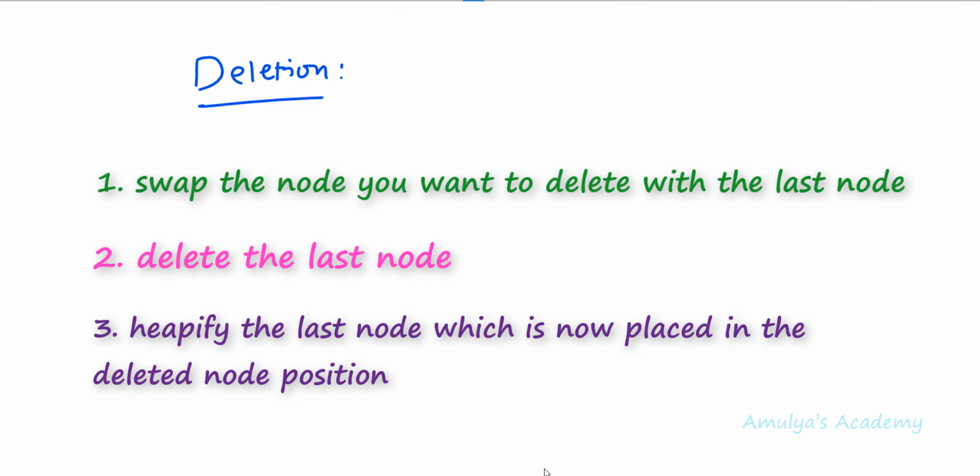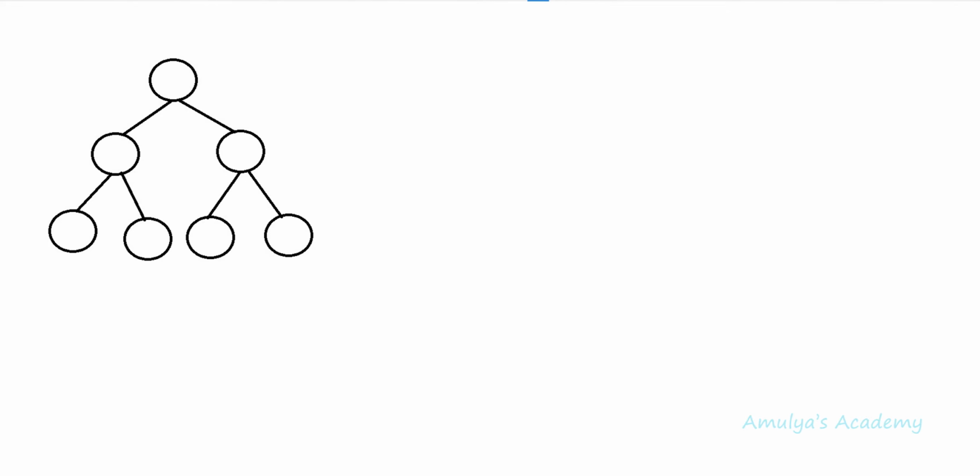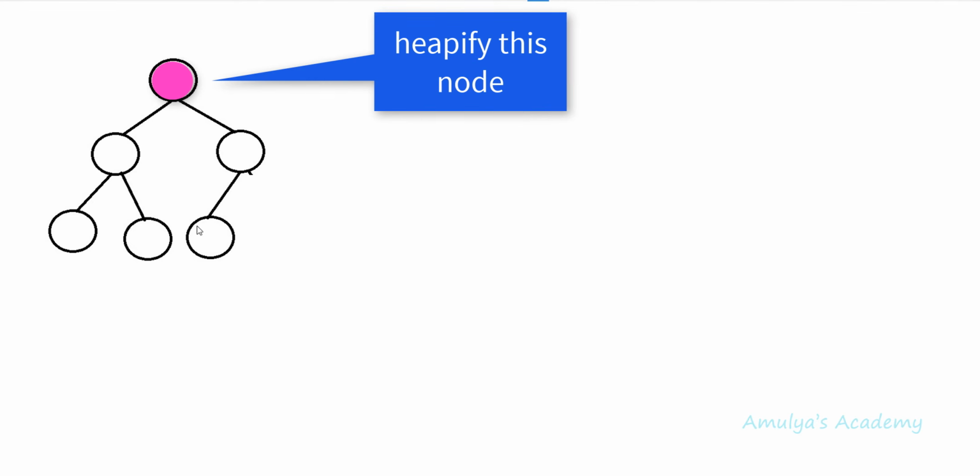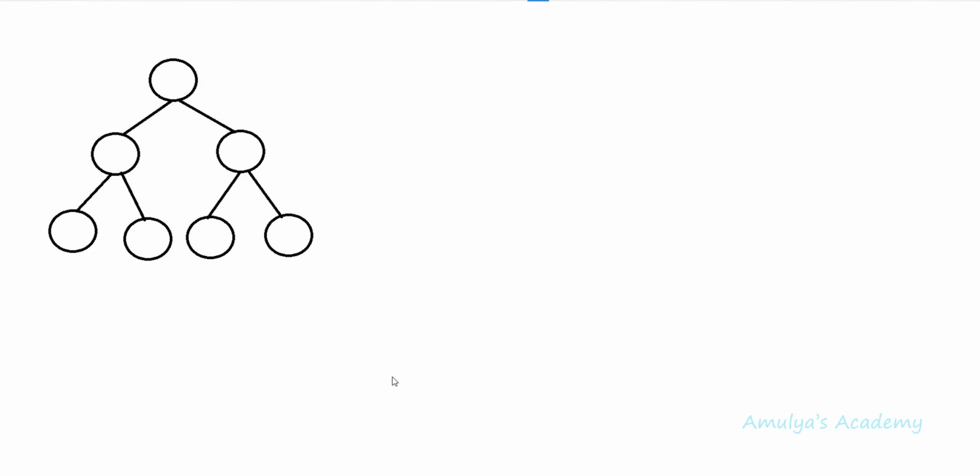Lastly, we'll heapify the binary heap. Now if I want to delete the root node, the first step is we need to replace the root node with the last node. So we'll swap them. After that we'll remove this. Then we need to heapify this tree. That's why we'll perform the heapify operation. These are the steps we need to follow while deleting a node from the binary heap.